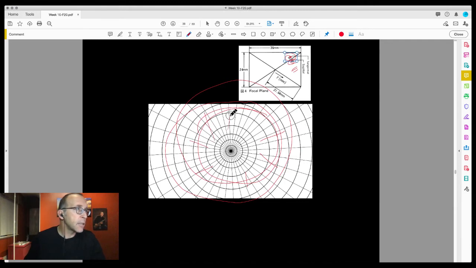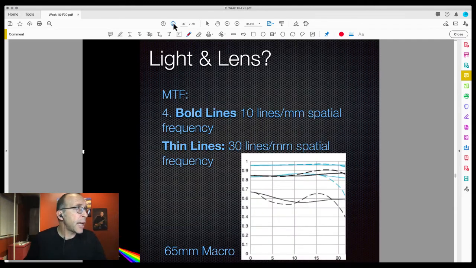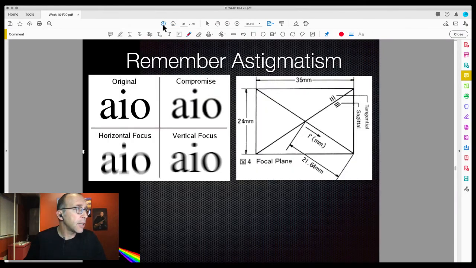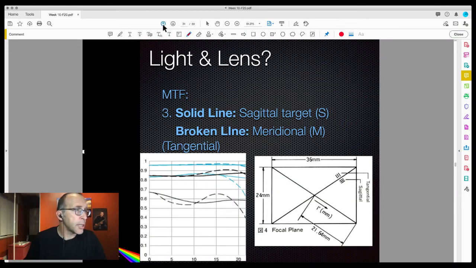Okay, so just keep that in mind. So that's why we have solid lines and broken lines. You don't have to memorize this, it's not going to be on the test, but do know why we have these solid lines and broken lines. This is because we're checking for astigmatism. Okay.